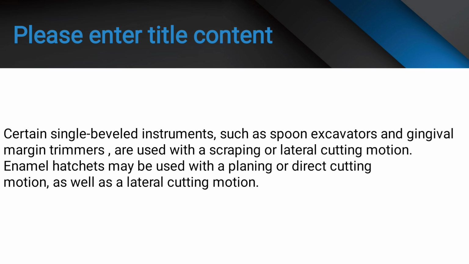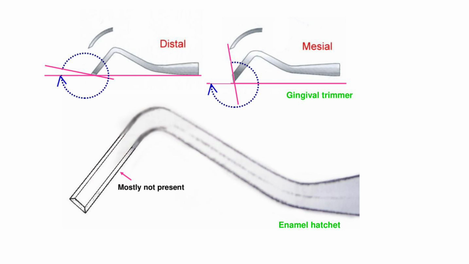In short, whenever we place an instrument downwards, if the cutting edge is visible towards us, then it is said to be the mesial bevel. When the cutting edge is directed away from us, then it is said to be a distal beveled instrument. An example of the mesial and distal is the gingival marginal trimmer, and the single beveled instrument is the enamel hatchet.